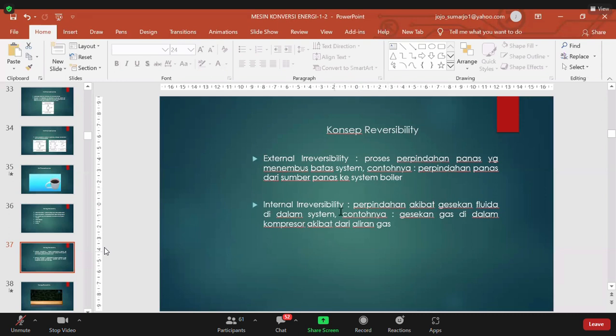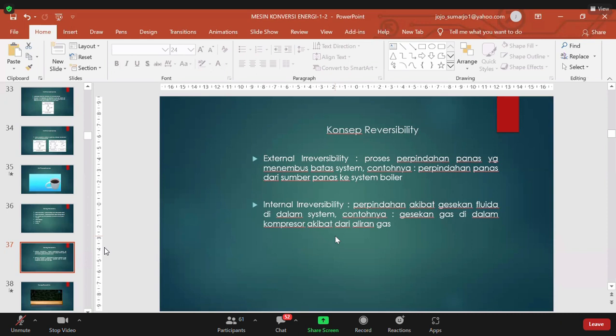Kemudian internal irreversibility. Ini akibat adanya gesekan di antara fluida itu sendiri di dalam sistem. Betul, gesekan gas di dalam kompresor akibat adanya aliran gas. Suatu yang mengalir itu pasti bersentuhan dengan dindingnya, otomatis ada gesekan. Itu pasti irreversible.